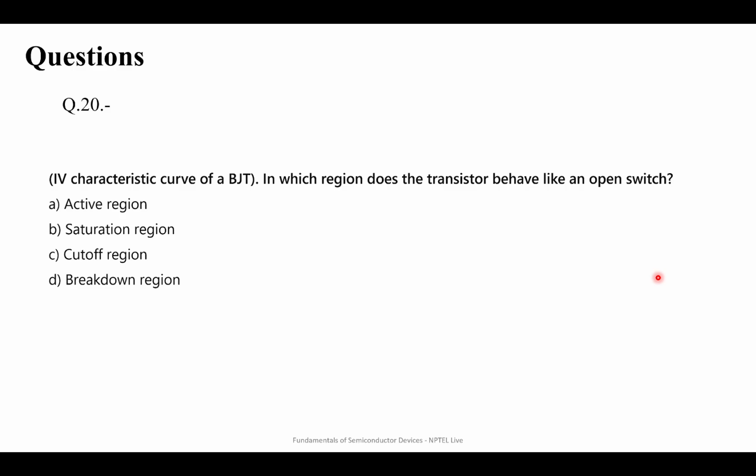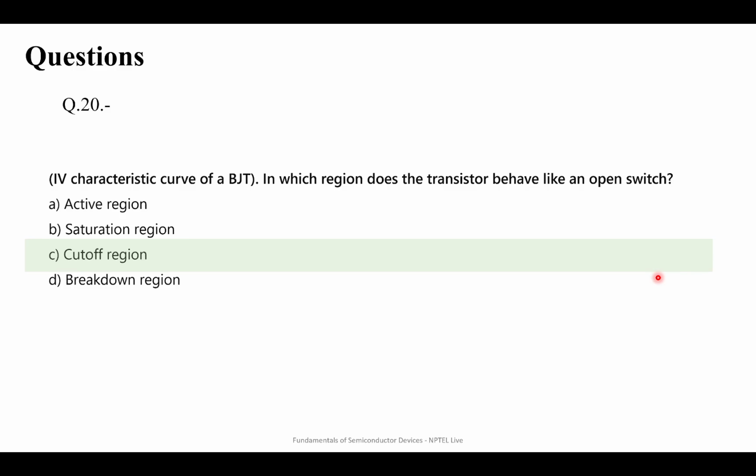In an IV characteristic curve of BJT, in which region does the transistor behave like an open switch? Active region, saturation region, cutoff region, breakdown region. Yes, the answer to this is C, cutoff region.